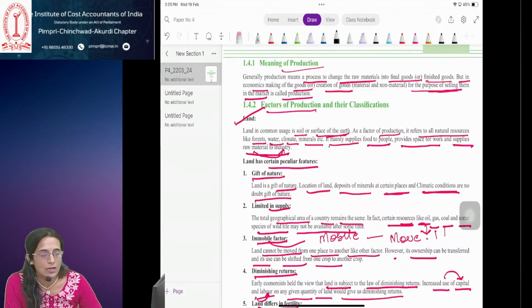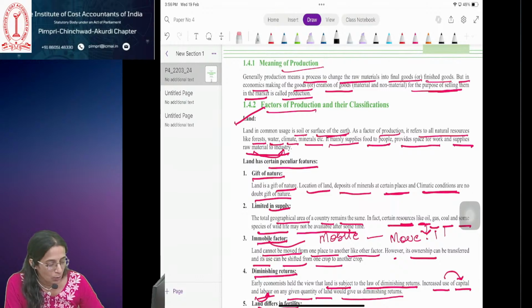Because it does not have soil, it has water on it, but it is also a part of land. It mainly supplies food to people, provides space for work, and supplies raw material to industry. So land is a very important factor of production, because using land we produce agriculture. Through agriculture we produce the food which is necessary for us to survive.